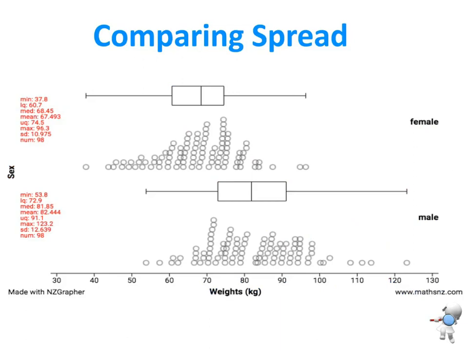All right, so that's looking at the centre. Now let's have a look at comparing the spread. As I said before, we've got two ways we can do this. We can do that with the interquartile range, or with our standard deviation. The interquartile range is upper quartile minus lower quartile.